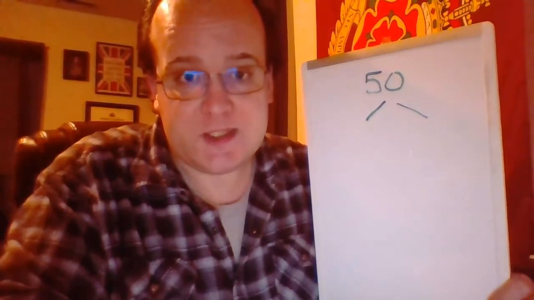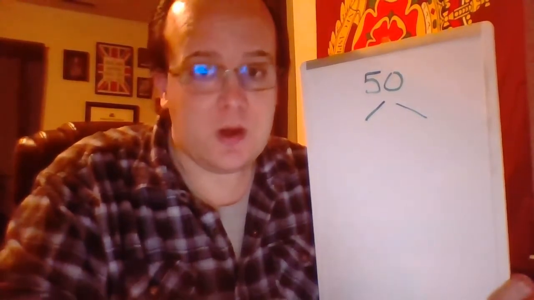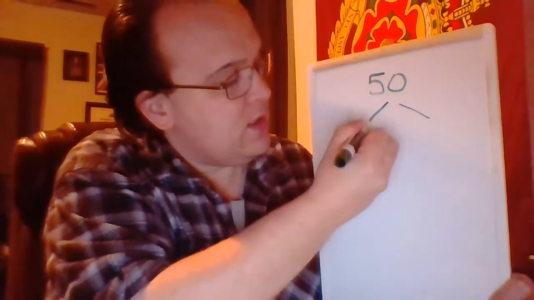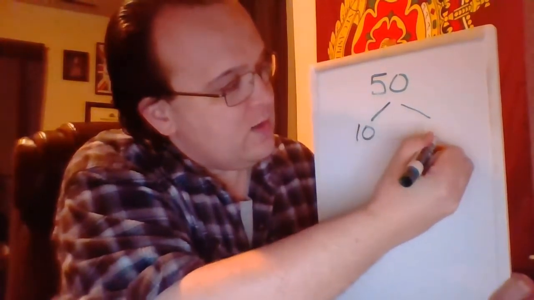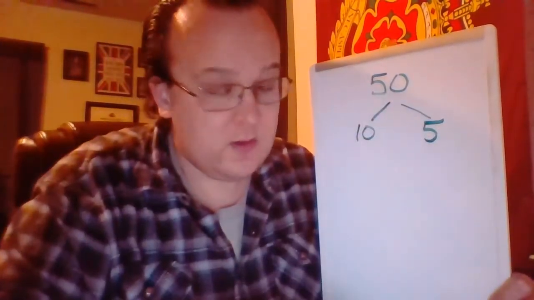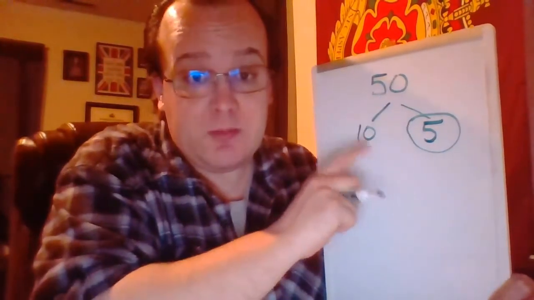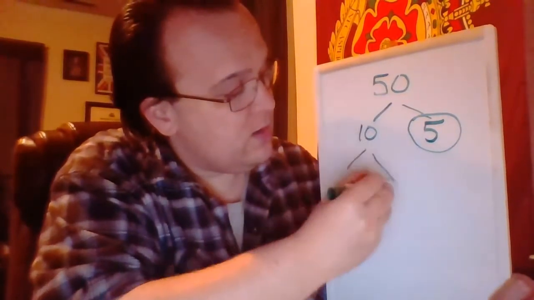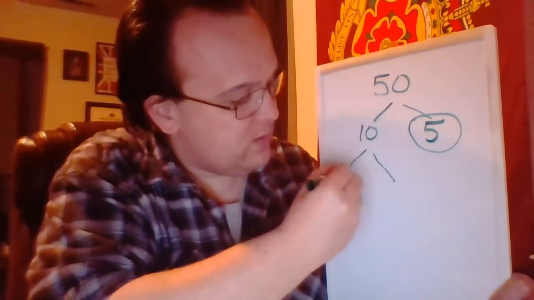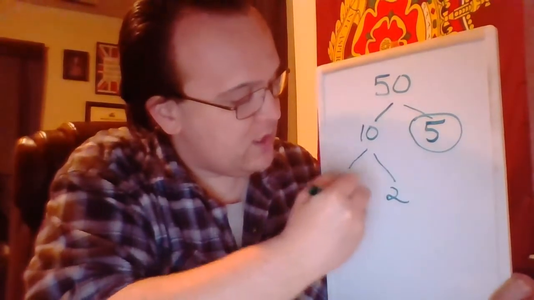A prime number is a number that can only be divided by itself. All right, so 10 and 5. 5 is one of the prime numbers, but we can break down 10, right, into 5 and 2.